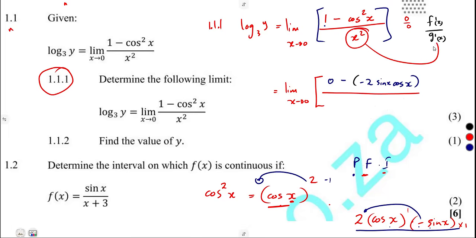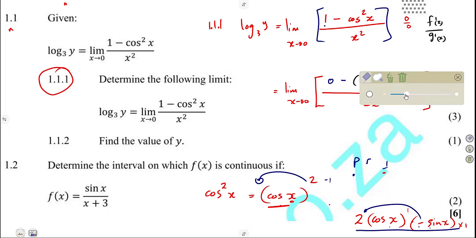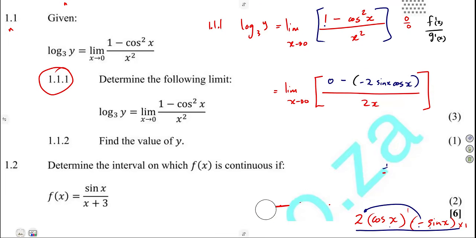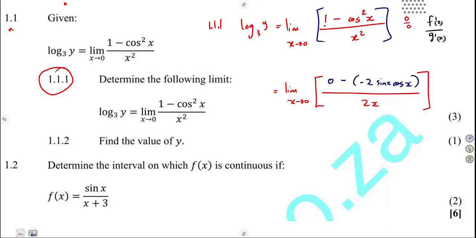Then the denominator, again, we need its derivative. That is 2x. Simply drop the power. So that is going to be 2x. Using the limit again, as x approaches 0, let me just simplify before applying the limit.